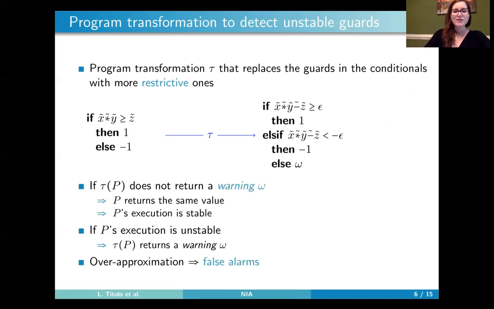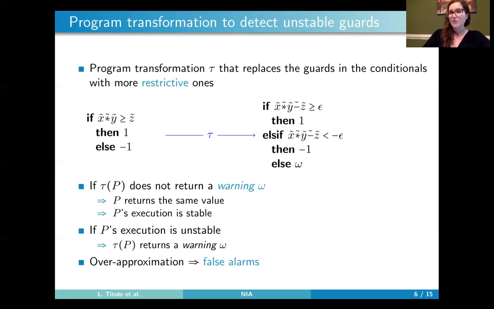So we have shown that if we get a result in our transformed program that is not a warning, then we can be sure that we will get the same result in the original program. And we have also shown that all unstable guards and unstable computations that can happen in the original program are detected by our transformation.